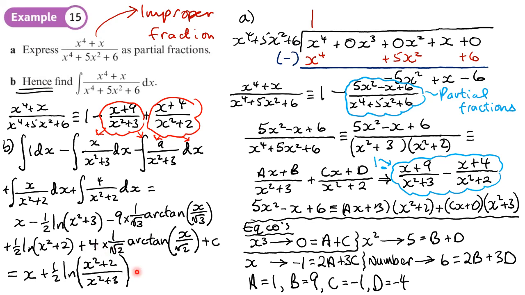I'll do these on my calculator. So if I work out 9 divided by root 3, so that's minus 3 root 3 arctan x over root 3, and then the last one plus 4 divided by root 2, which is 2 root 2, so plus 2 root 2 arctan x over root 2, and just enough space there to squeeze in my plus c.